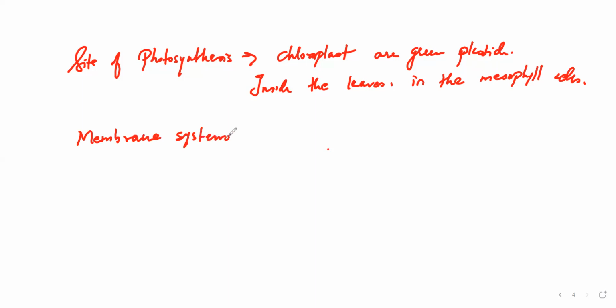This is the actual compound responsible for trapping the sunlight you get from the sun, and in turn it will produce the energy molecules, ATP or NADPH, for the process.